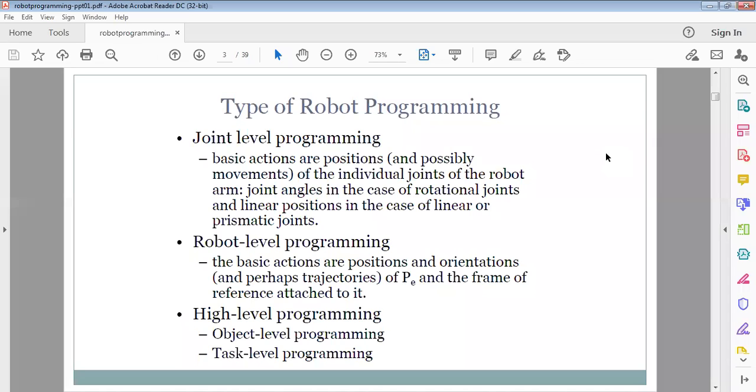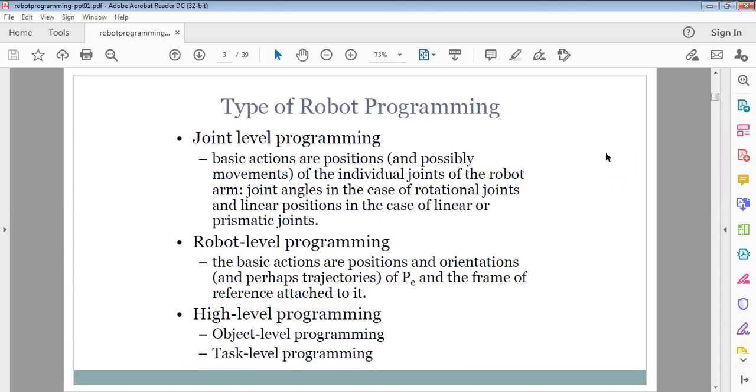And the next level is high level programming. In this programming, we consider the object and the task: object level programming and task level programming.